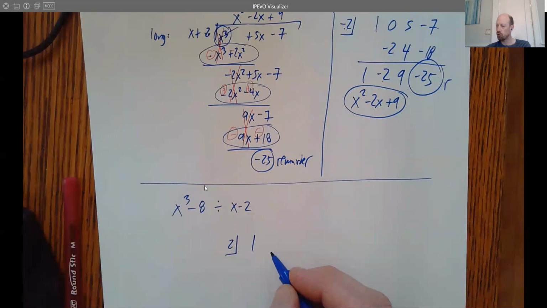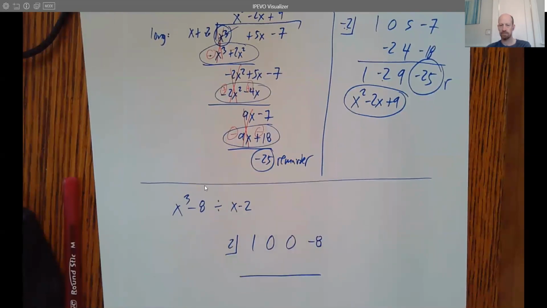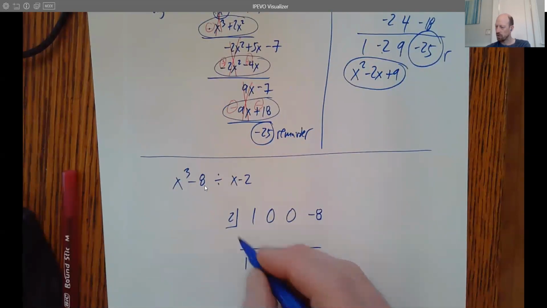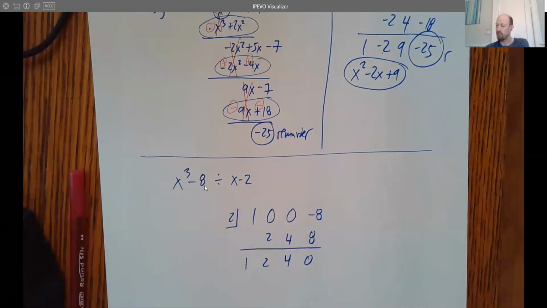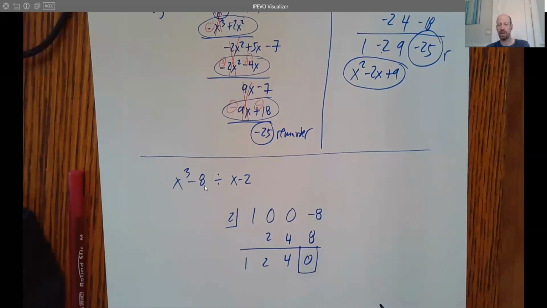I have 1x cubed, no x squareds, no x's, and a negative 8. So I bring down the 1, 2, 4, 4, 8, and I add those together. And this is a factor then, right? Because there's no remainder.